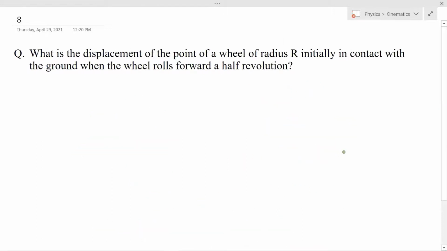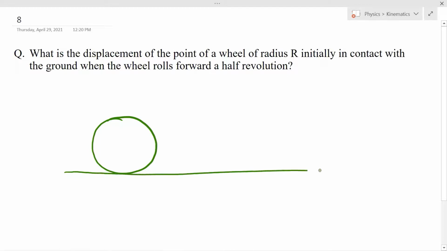What is the displacement of the point of a wheel of a radius r initially in contact with the ground? So let me draw a diagram over here first. So this is my wheel and it has a point over here. Let me draw a little straight line. Yeah.